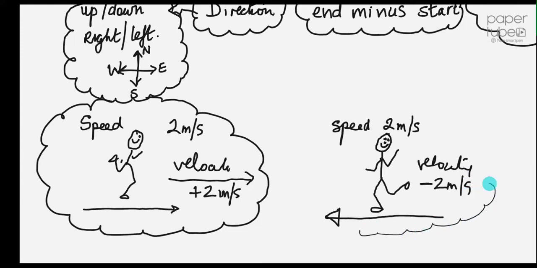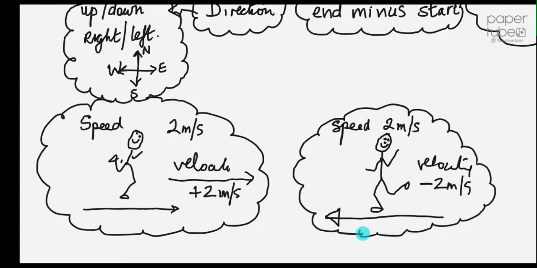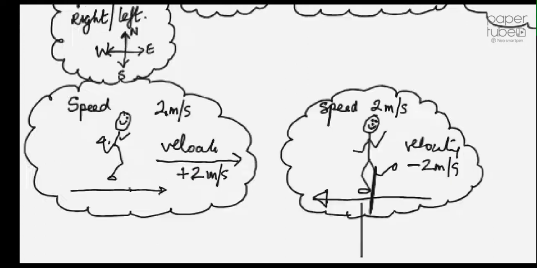They may have the same speed, but their directions are different. This chap's going towards the right, so their velocity is plus 2 meters per second, with a speed of 2 meters per second. This chap is going to the left, so they have a velocity of minus 2 meters per second and a speed of 2 meters per second. The direction is important.